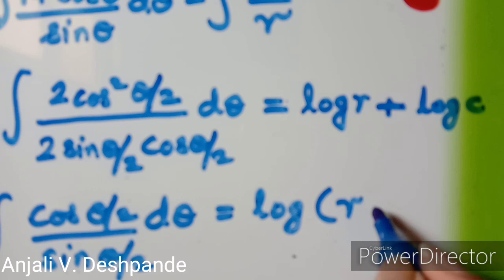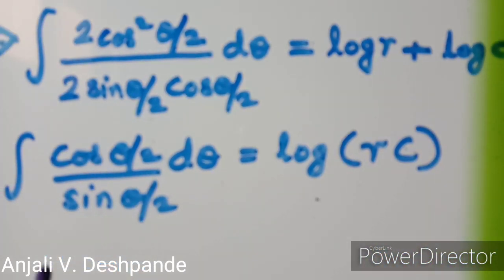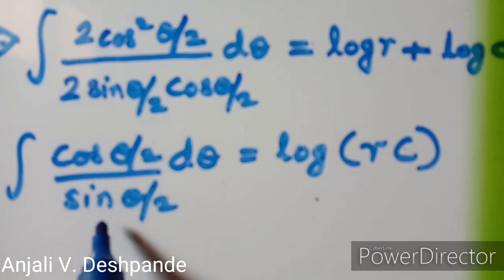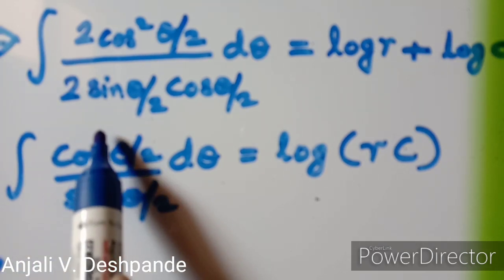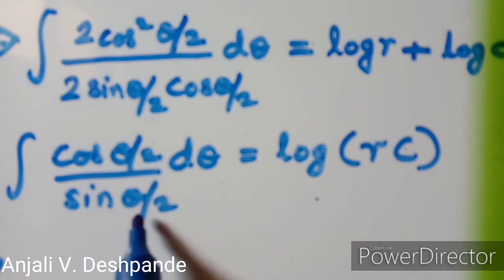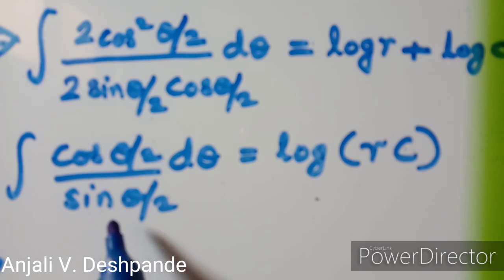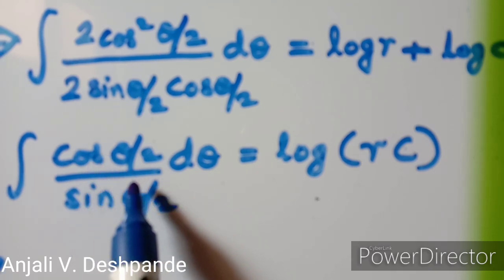So I will write this as r into c. Now the integration of cos theta by 2 over sin theta by 2 is of the form f dash x divided by fx, so it will be log of fx. Of course we have theta by 2 here, so we have to take the derivative into consideration.